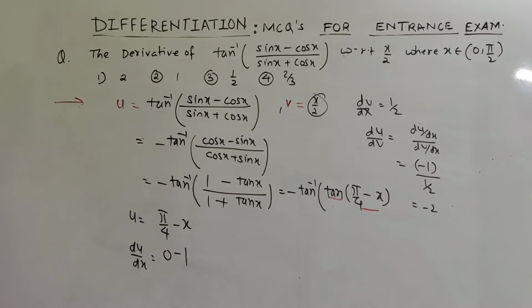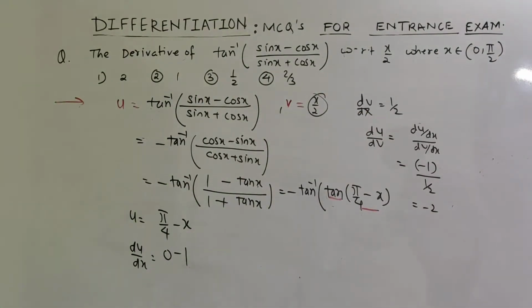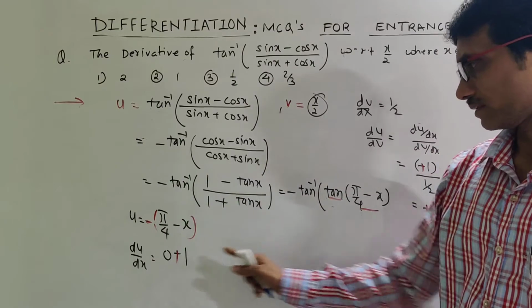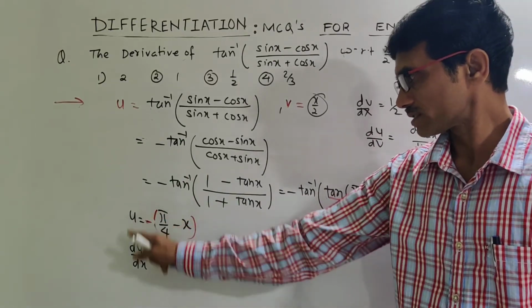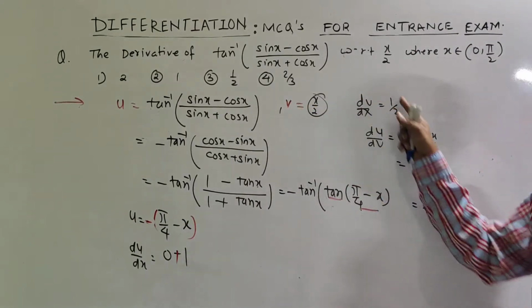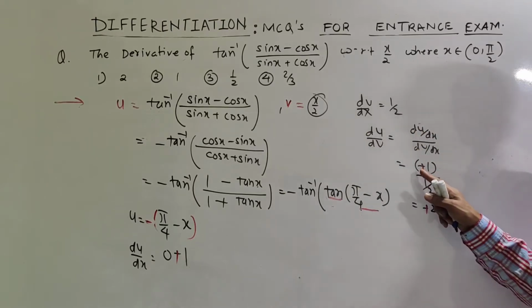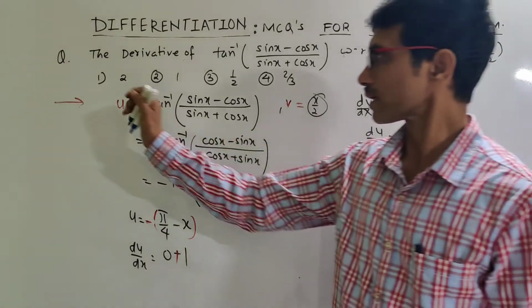Here the minus sign is there, so that minus sign and this minus become plus, so du by dx will be plus 1, and dv by dx is as it is 1 by 2. So du by dv is du by dx upon dv by dx, so plus 1 upon 1 by 2, and that is 2. So 2 is the correct option.